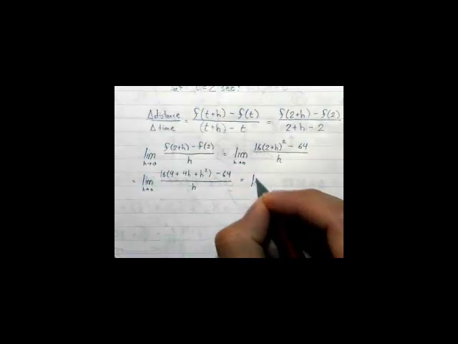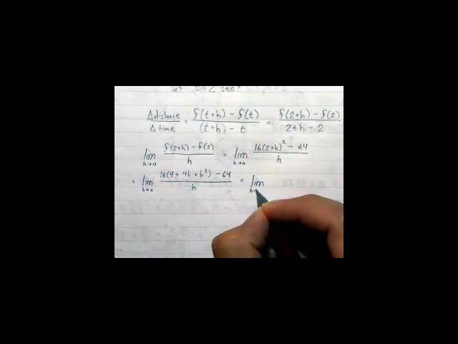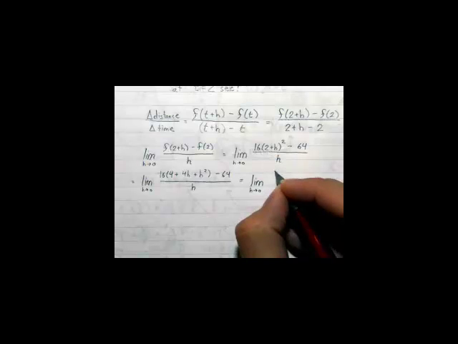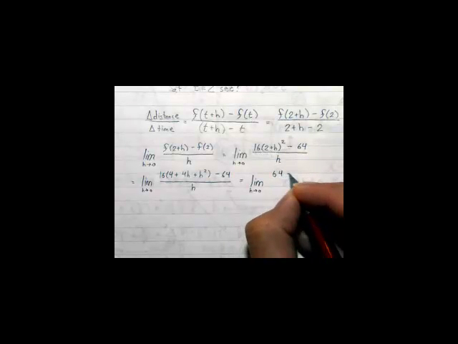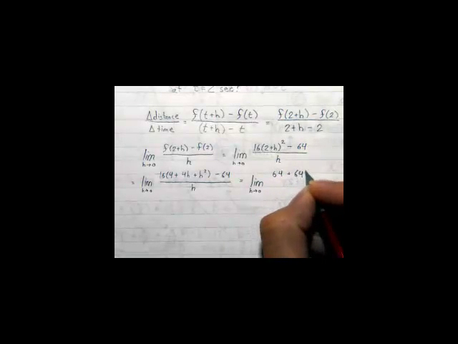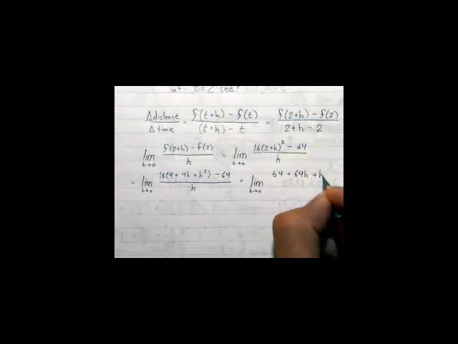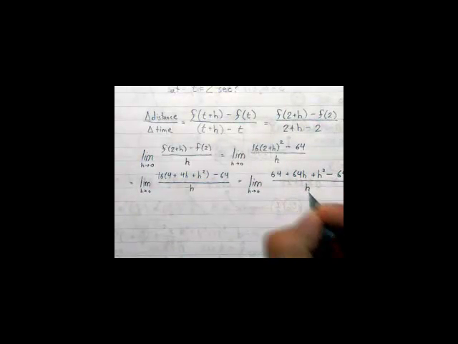And then if we do a little distributing there, we get the limit as h goes to 0 of 64 plus 64h plus 16h squared minus 64, all divided by h.